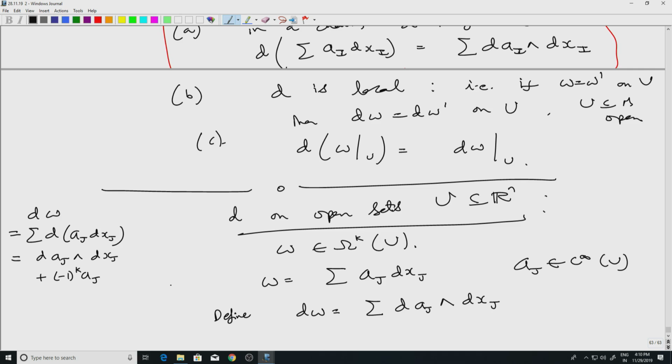Now this is a function, so a function at a point is just a constant, so wedge is just usual multiplication. So aj times d of dxj.